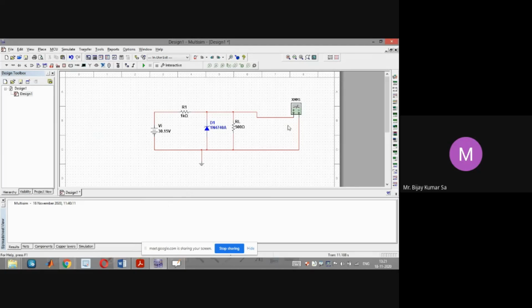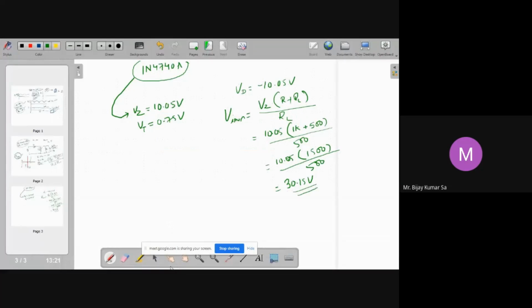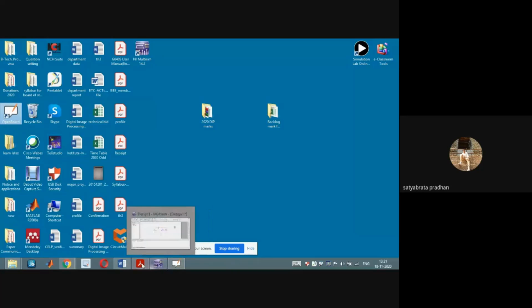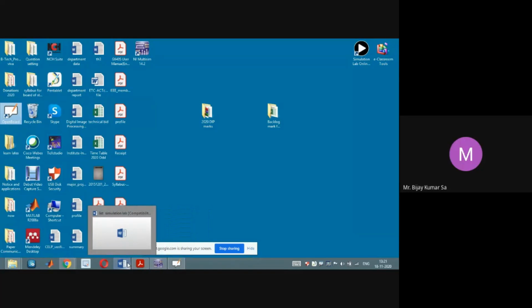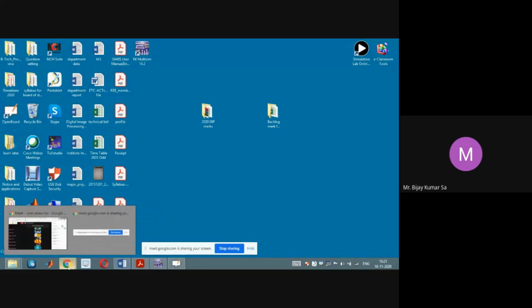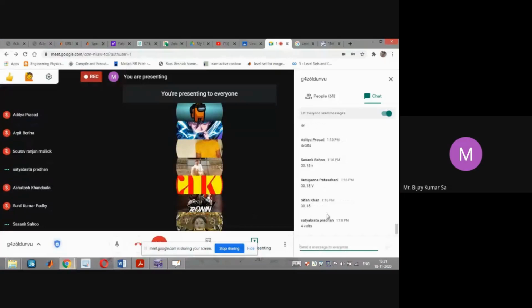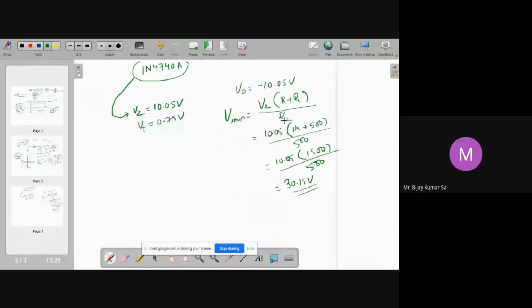How much voltage is expected at the output in this case, if I set the VI to be VI minimum, that is 30.15? 10.05 volt. Why 10.05? It is equal to the zener breakdown voltage.